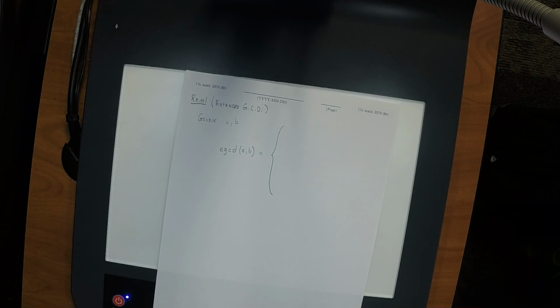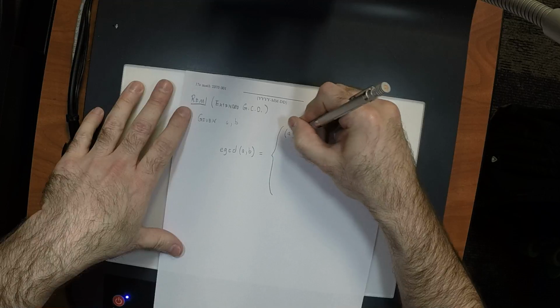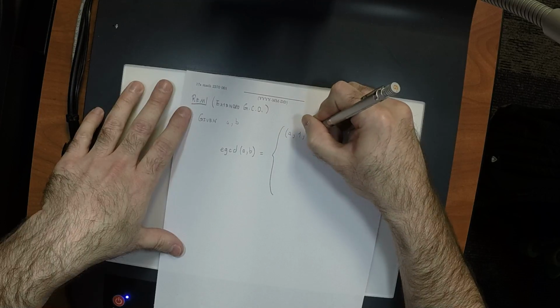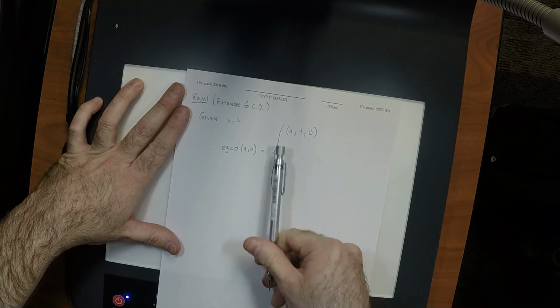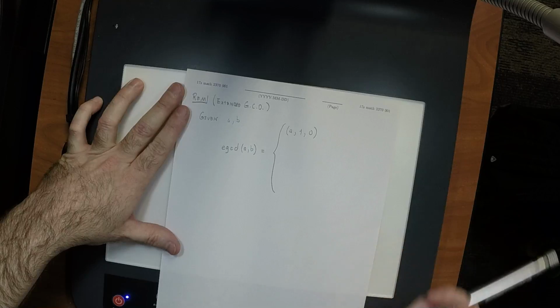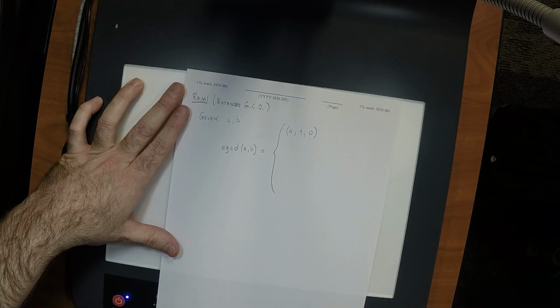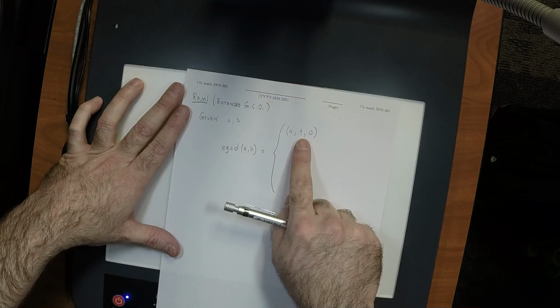So let's think about it for just a minute. One of the base cases is obvious. So there's 2 base cases. I'll write down one of them. One of the base cases should be A, 1, 0. Which is to say that the greatest common divisor is A, and that you'll need 1 A and 0 B's to get that. So A, 1, 0. And in what case should this be the answer?